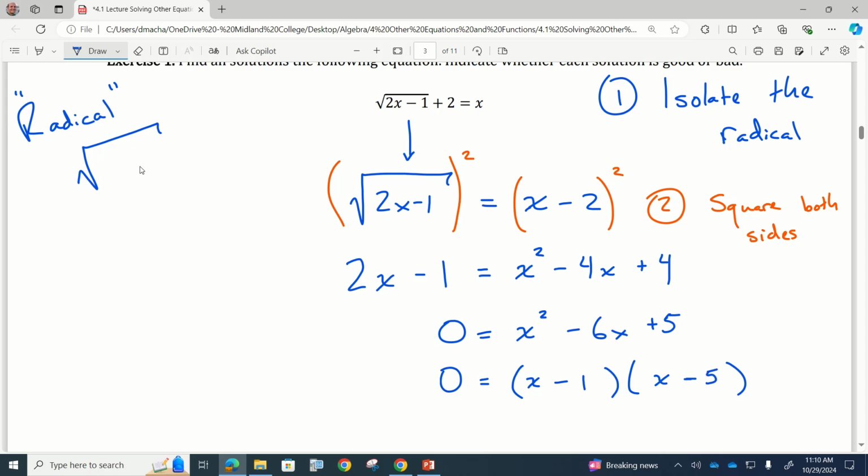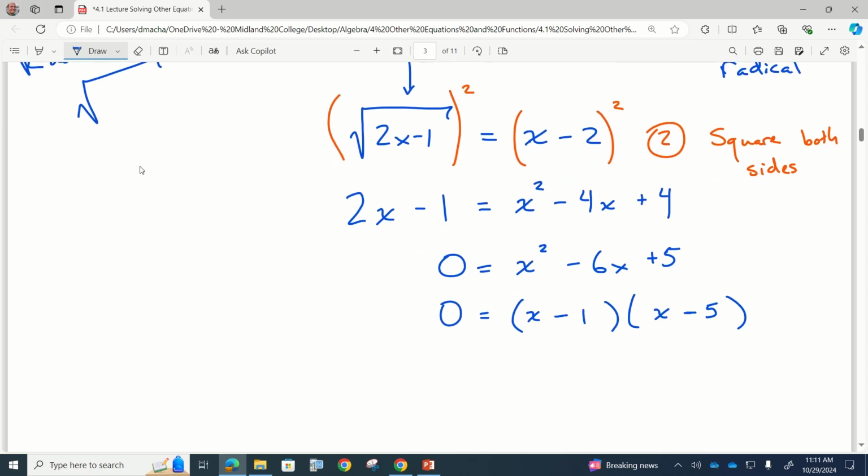Again, negative 1 times negative 5 gives me the positive 5 that I need, but negative 1 plus negative 5 gives me the negative 6. Has to add to equal your b and multiply to equal a times c. All right, so then now that this is factored, I can see that my two solutions here are positive 1 and positive 5.